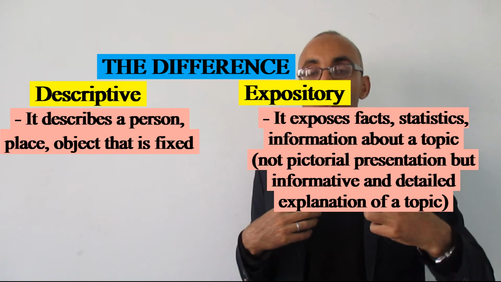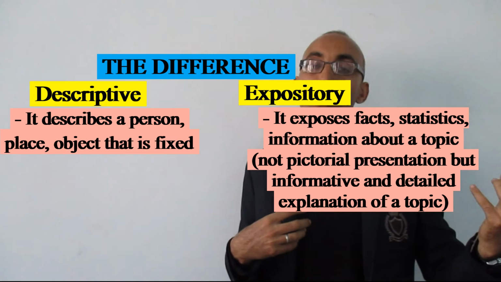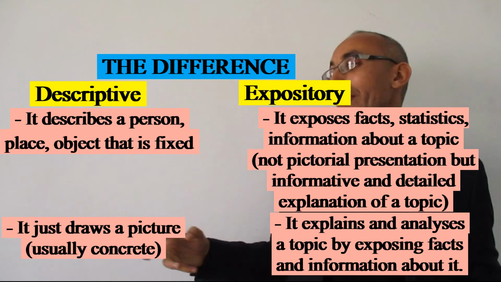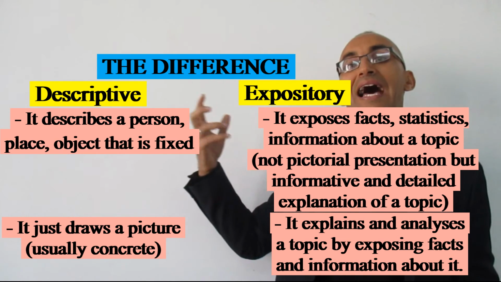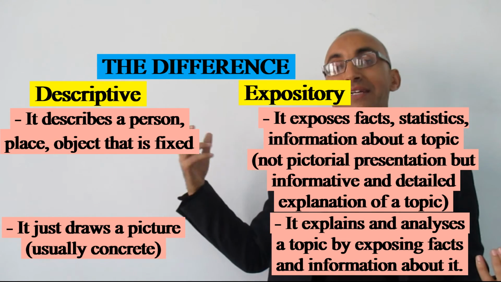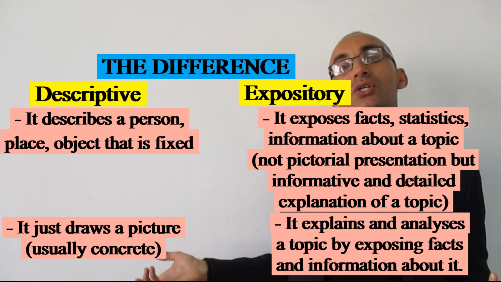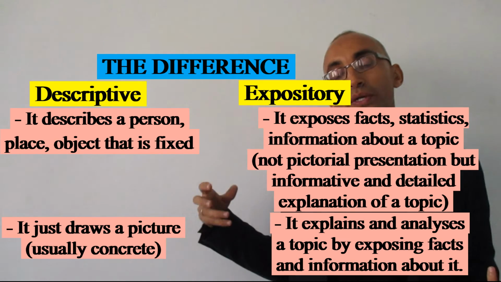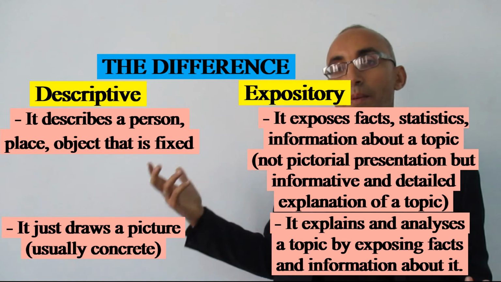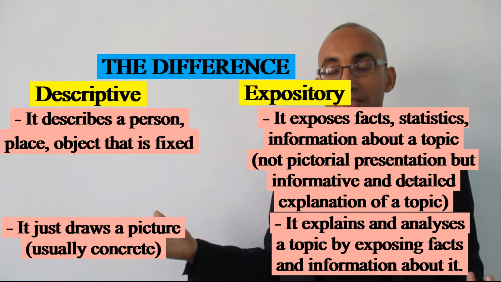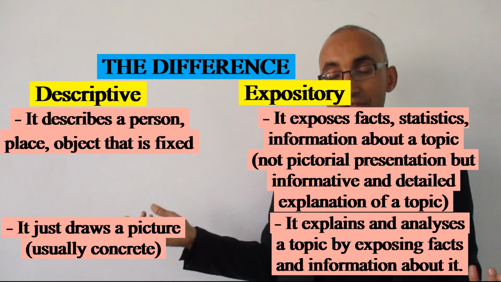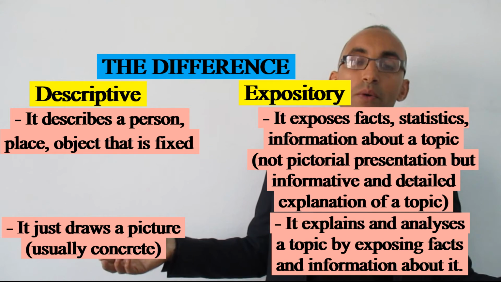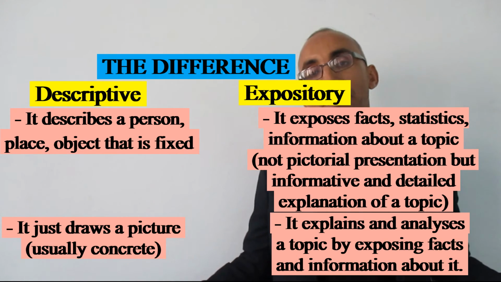So here, in descriptive, we just describe, we picture, we draw, right? In expository, we explain, we analyze, clear, we analyze the topic through the information we convey and the facts and different types of evidence we have about that topic. Explain and analyze, rather than in descriptive, where we just draw, only draw. Here we analyze and explain.